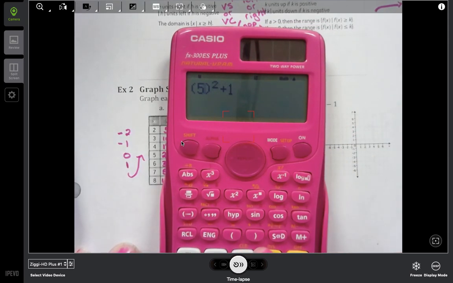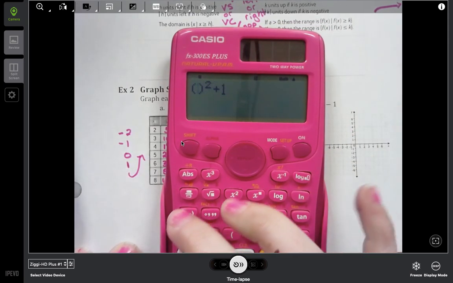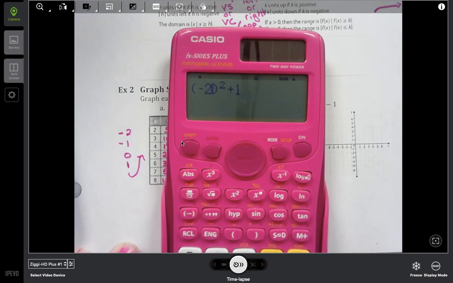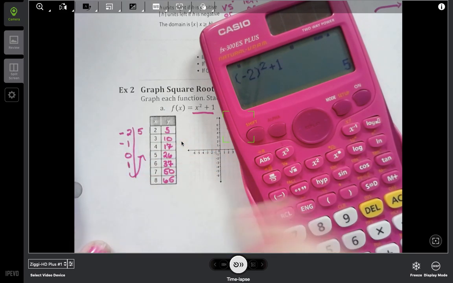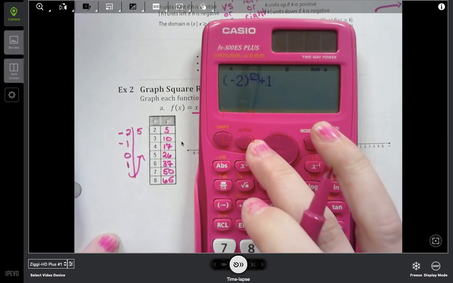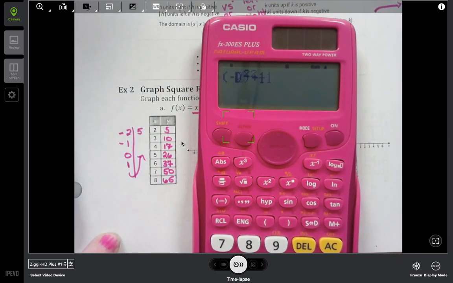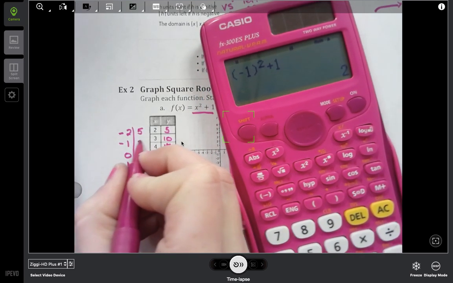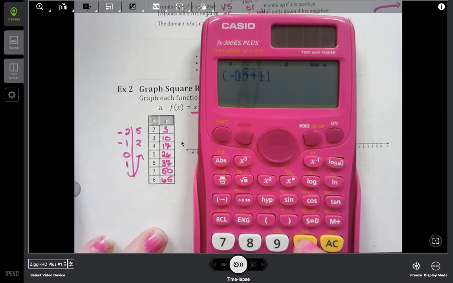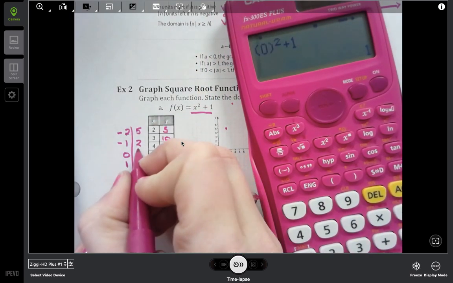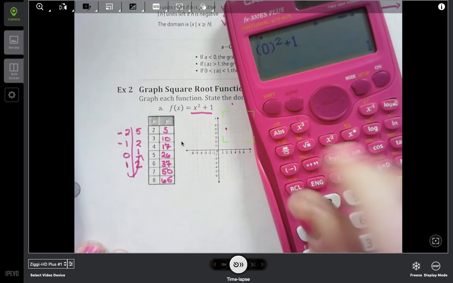I'm going to add some numbers in there because that isn't giving me a very good graph. -2, that is at 5. -1 is at 2, 0 is at 1, 1 would be at 2, etc., etc.